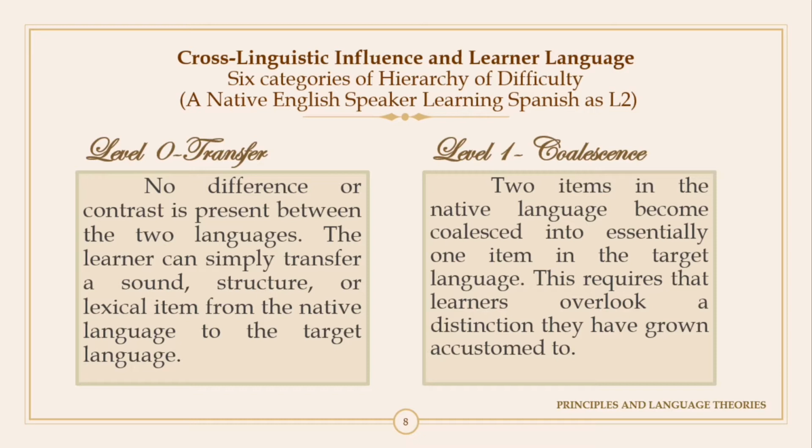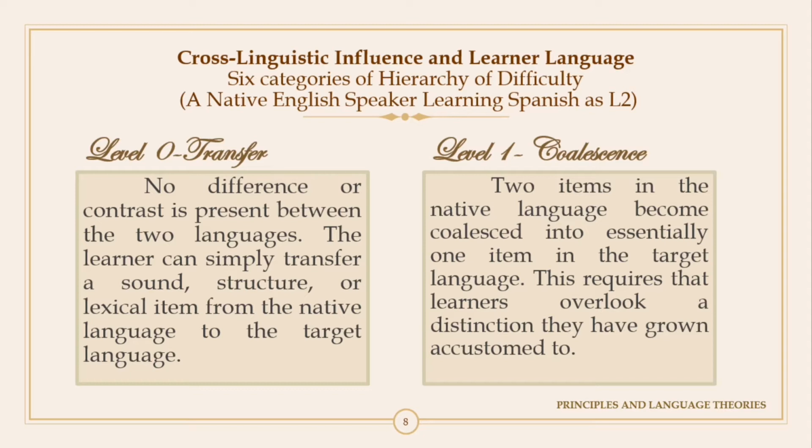The first level is level 0, which is transfer. It is labeled 0 because there is no difference or contrast present between the two languages. The learner can simply transfer a sound, structure, or lexical item from the native language to the target language. Always remember that the target language is the foreign language which a person intends to learn.